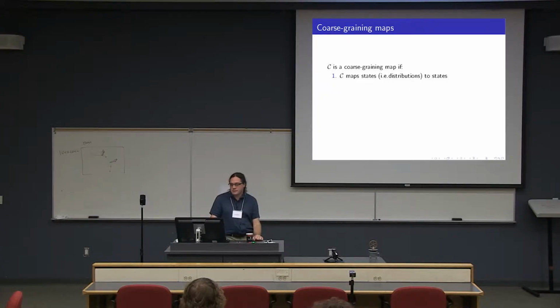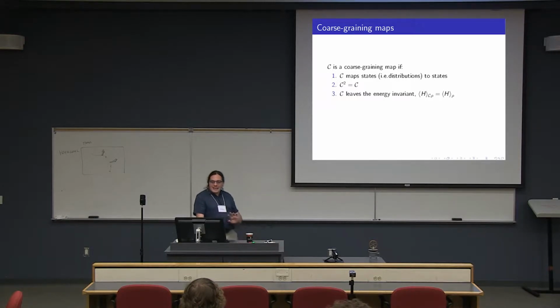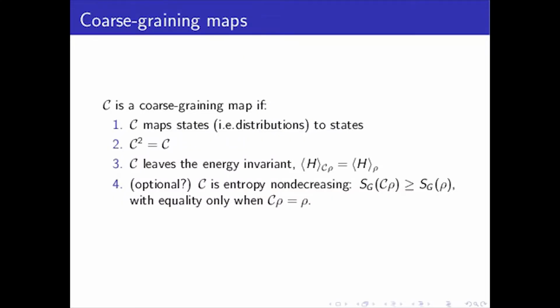So what I require of a coarse-graining map in the abstract is, well, firstly, it is a map from states to states. Secondly, it's a projection. If I coarse-grain twice, it's the same as coarse-graining once. And I'll require that the coarse-graining leaves the expected value of the energy invariant. I'm actually going to allow it to leave it really, really close to invariant, but for the moment, leave it invariant.